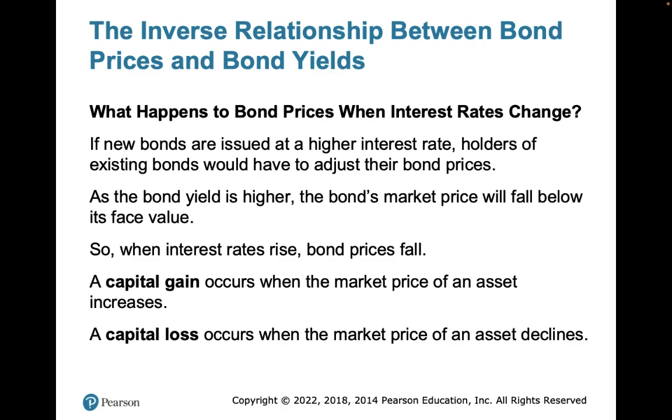As the bond yield is higher, the bond's market price will fall below its face value. So when interest rates rise, bond prices fall. They go in opposite directions. A capital gain occurs when the market price of an asset increases, and a capital loss is when the market price of an asset falls.